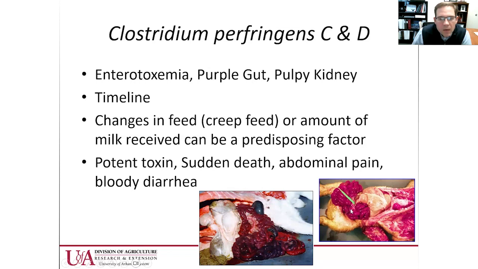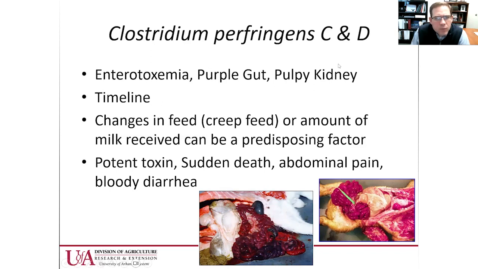It causes a toxin to be formed by the bacteria that leads to hemorrhage into the intestine. You can see in the two pictures at the bottom of the screen, you get quite a bit of blood loss into the intestine. And when you do a necropsy or a postmortem exam on these animals that have had issue with perfringens type C, the gut tends to have that purple type of appearance. And that's why we refer to it with that name.